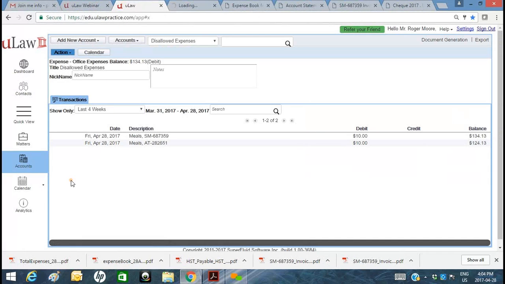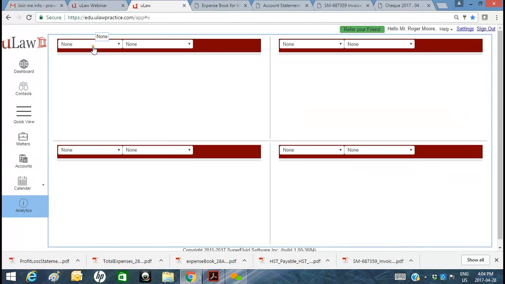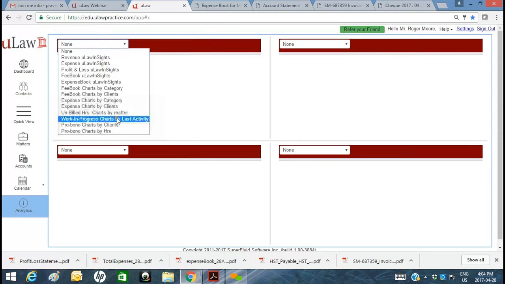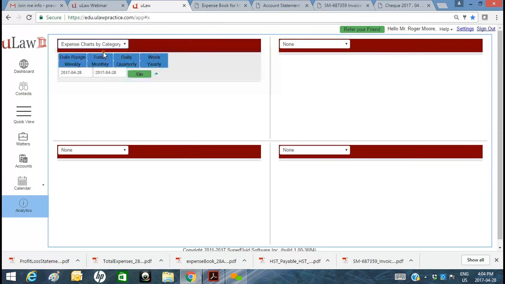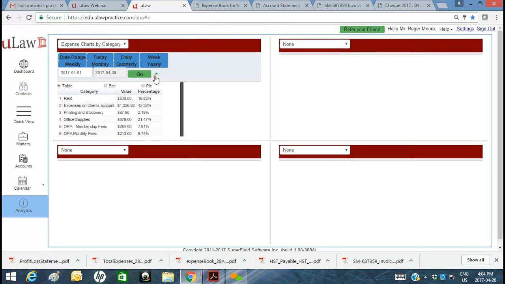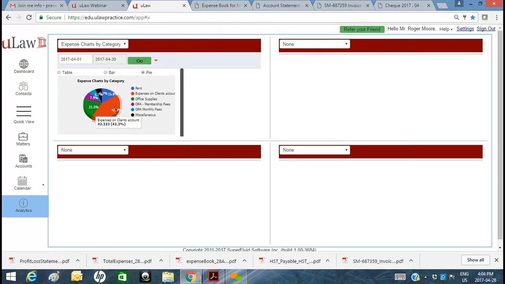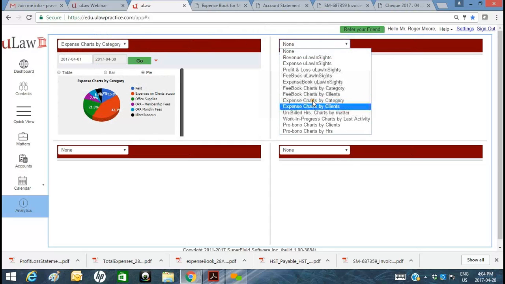And we spoke about the analytics engine, which is a very powerful data insight provider that tells you the expense chart by category for the month in a visual representation. So now you know that 42% of your expense was on client's account for the month of April. Now let's say you want to compare that.